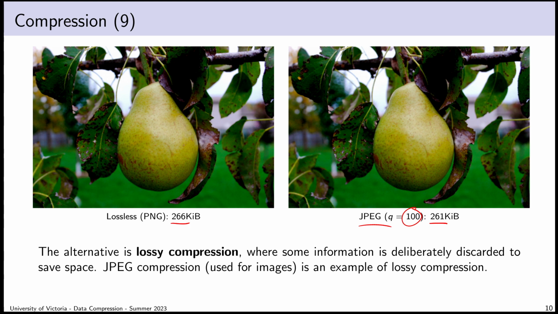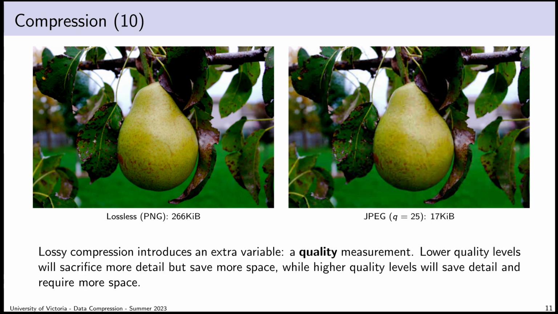Now I should add, and we'll get back to this, that 266 kilobytes is not the true size of this image. If this image were stored uncompressed, it would be a great deal larger than that. But for the sake of a fair comparison, I should be comparing lossless compression against lossy, not fully uncompressed against lossy. In these lossy compression schemes, this quality parameter allows us to control the size more than we would with just lossless techniques, because often with lossless compression, you don't have much of a choice.